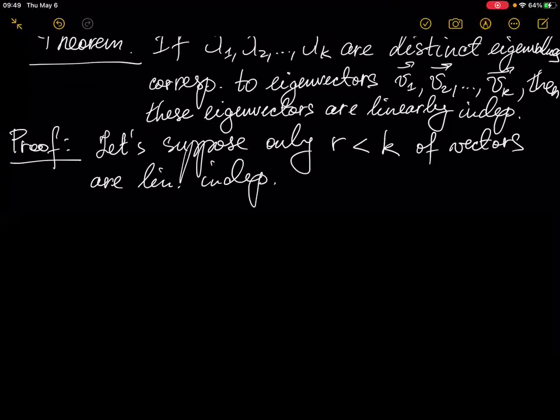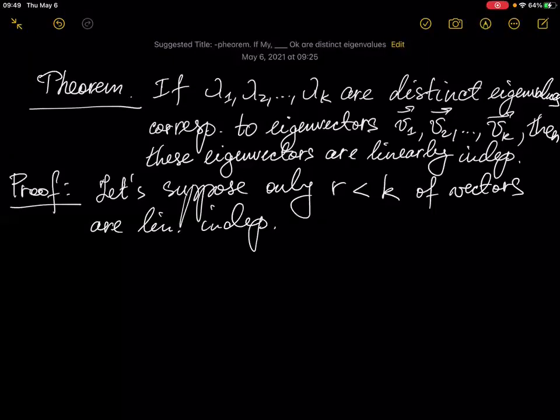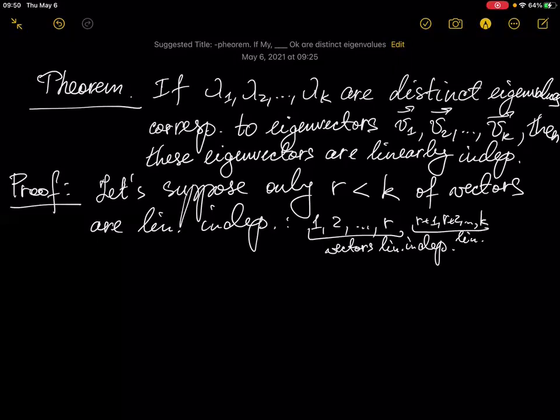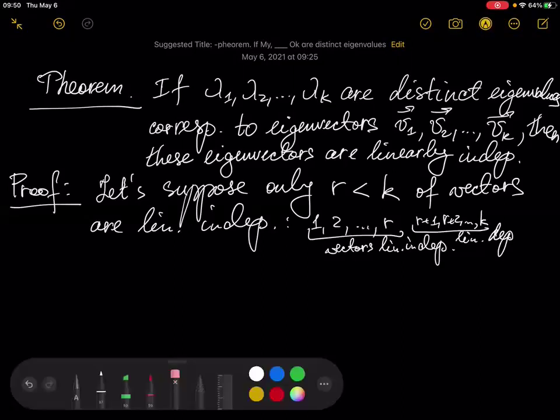It means that let me suppose that it's the first ones. So v1, v2, ..., vR are linearly independent, and vR plus 1, and so on till vK, linearly dependent.